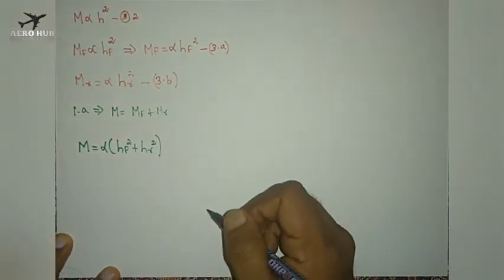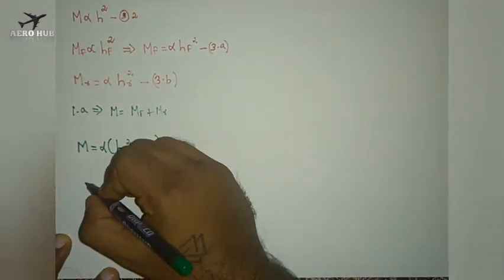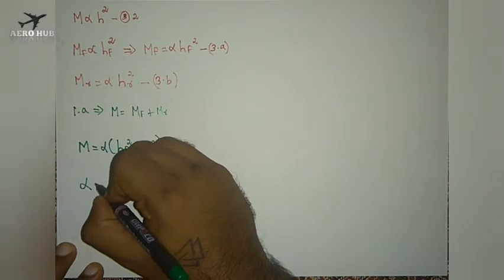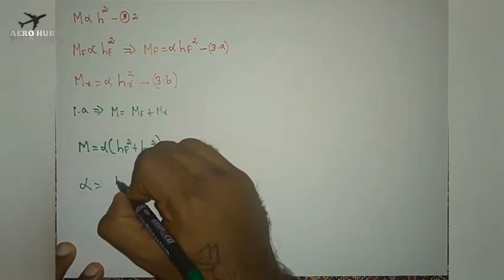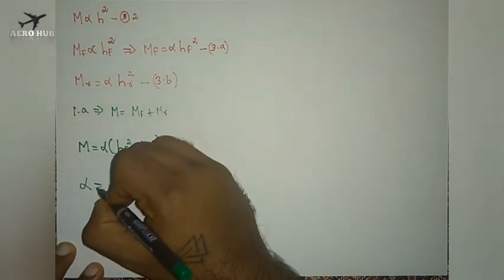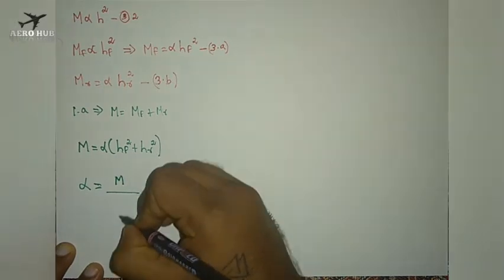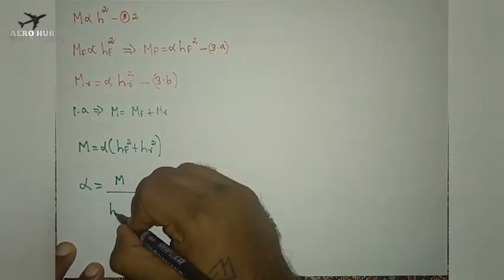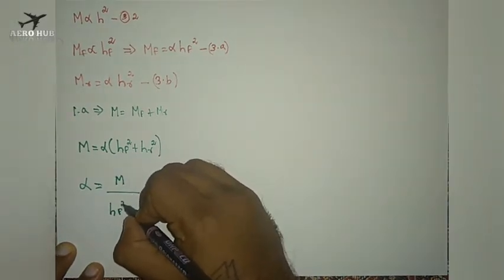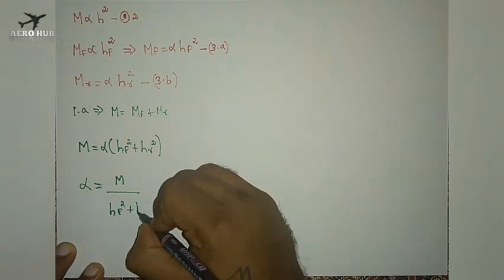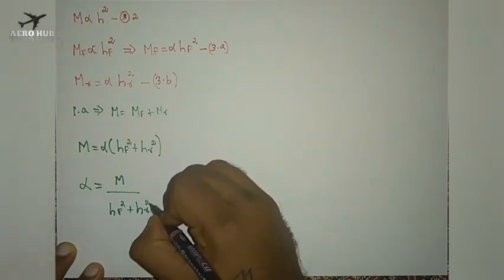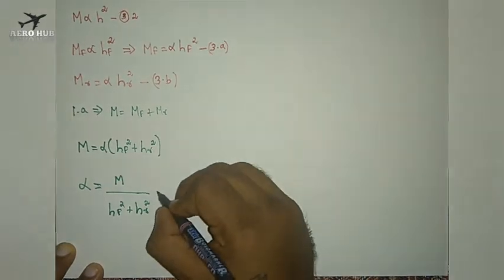From this equation I can get the value of alpha. So alpha will be equal to M divided by HF square plus HR square. This is equation number 4.